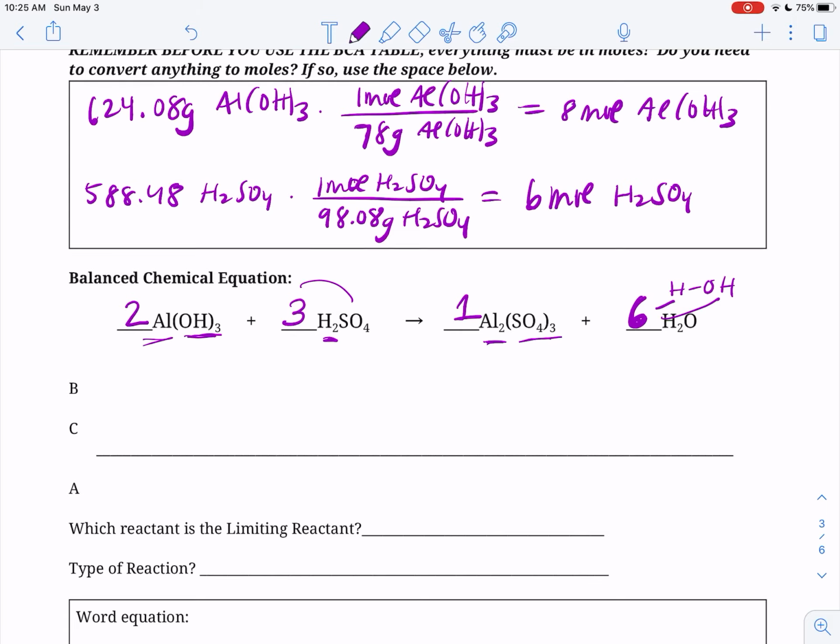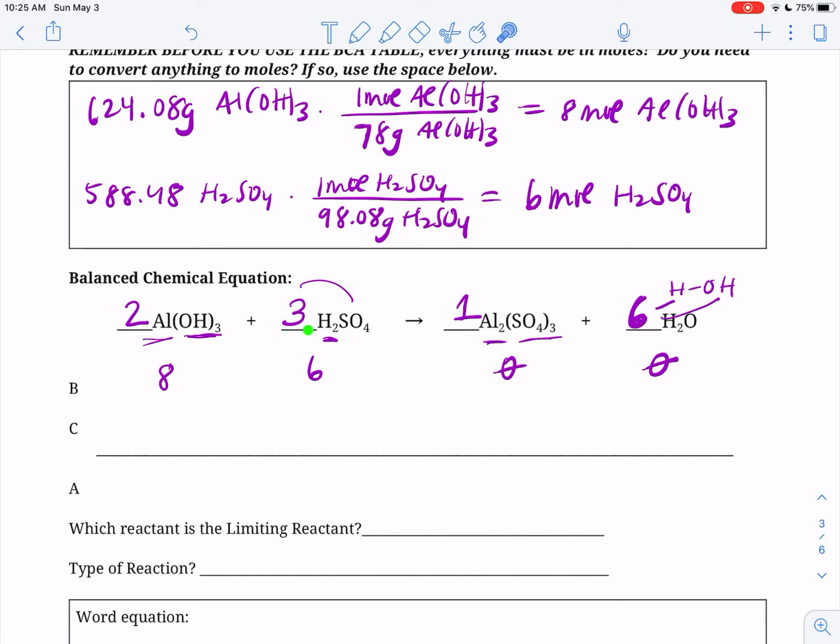Okay, all right, so I'm going to start with 8 moles of aluminum hydroxide and 6 moles of sulfuric acid, and then nothing in my products. Okay, all right, now it's time to choose who the limiting reactant's going to be. So in my recipe, I can see for every 2 aluminum hydroxides, I need 3 sulfuric acids, okay?